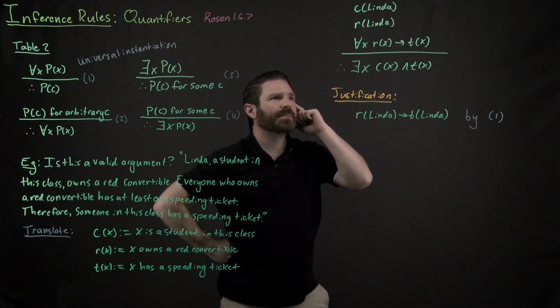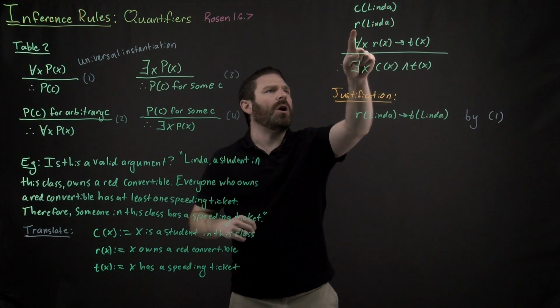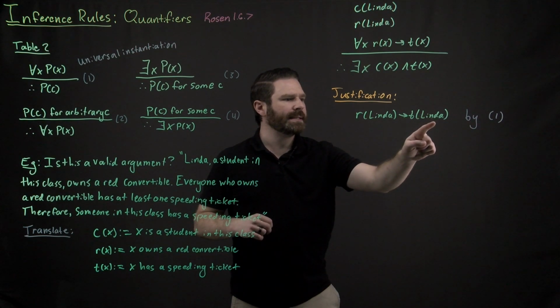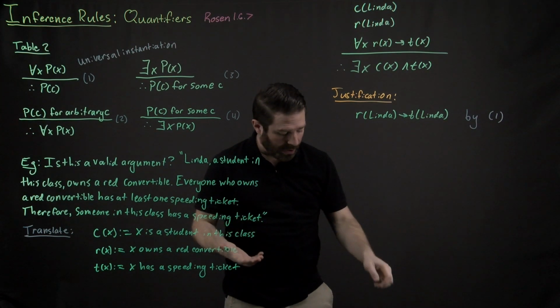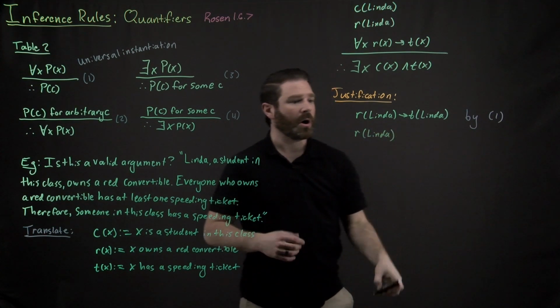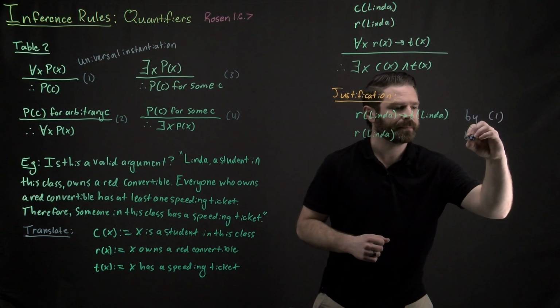And then I think about it: in my hypotheses, I have R of Linda, and R of Linda implies T of Linda. R of Linda is true because it is one of my hypotheses.